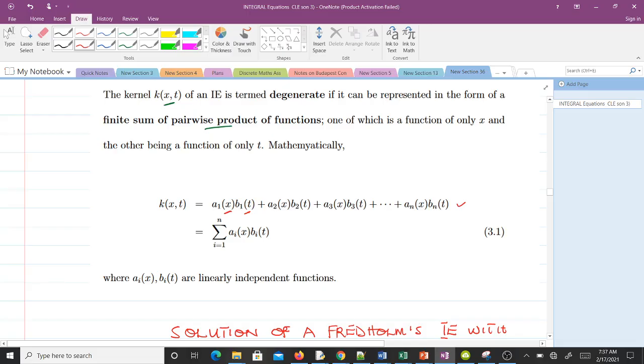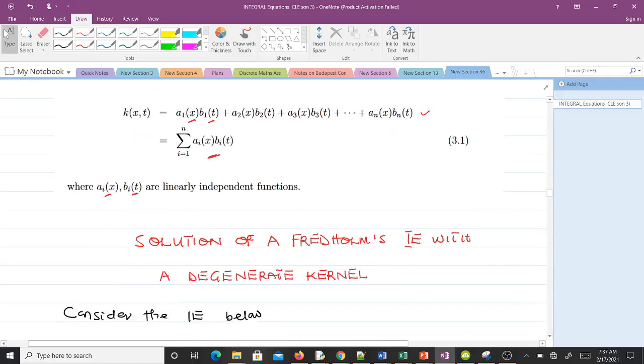So this is the expanded form, and from the expanded form we can write it in the compact form, where our a_i of x and b_i of t are linearly independent functions. So this is what we mean when we say the kernel is degenerate. If this concept is well understood, then let's move on.